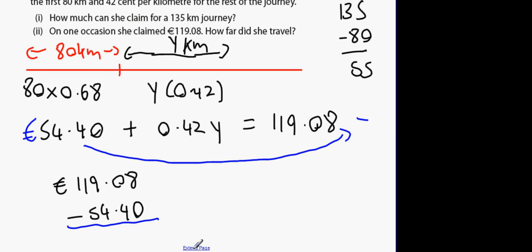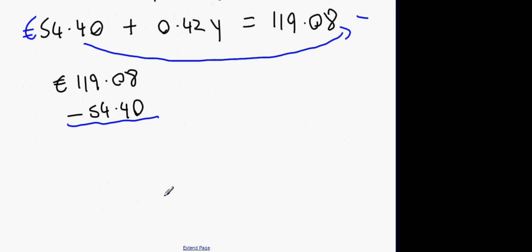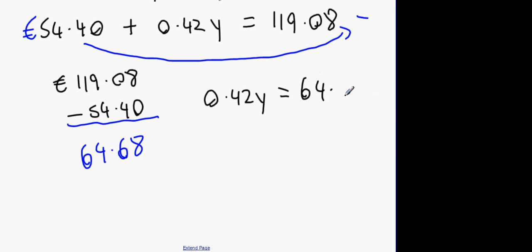Then you get, sorry, who's got it? €54.68. So you get 0.42y equals 54.68.